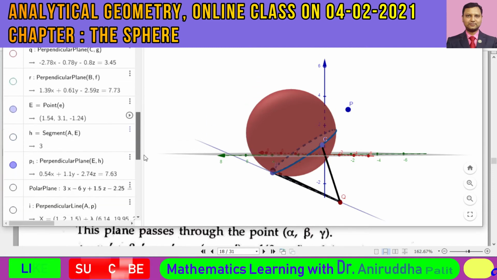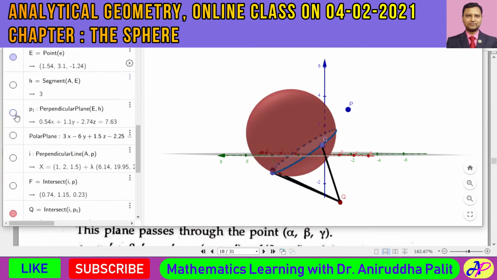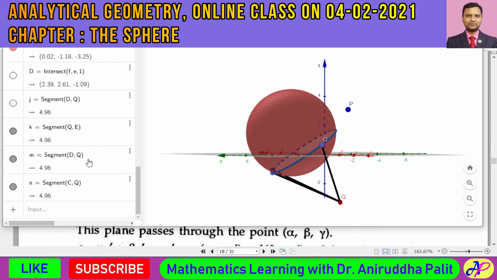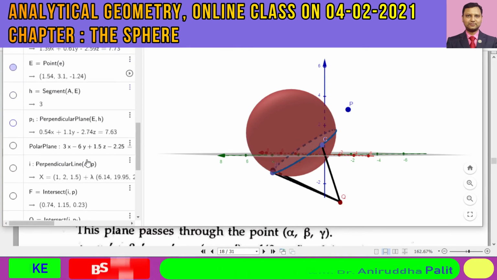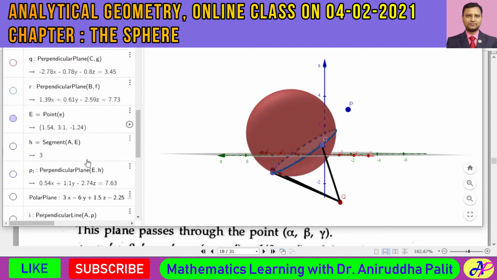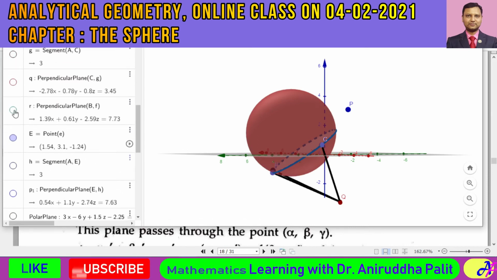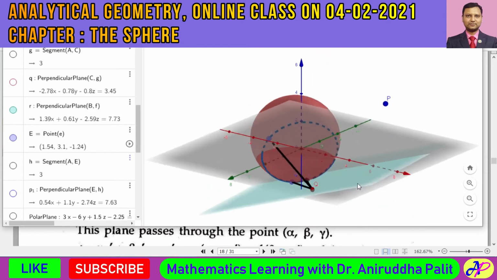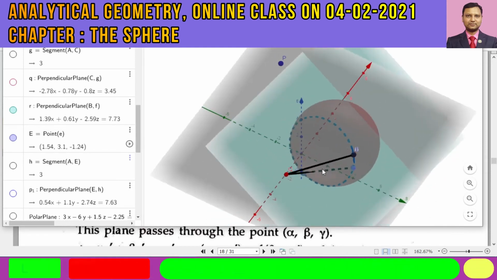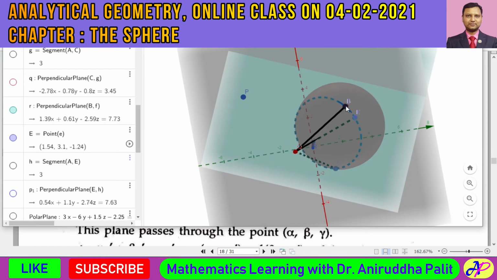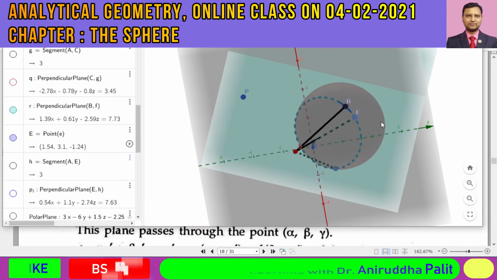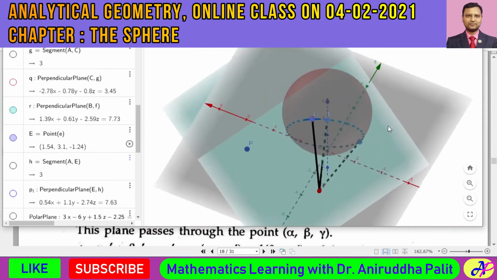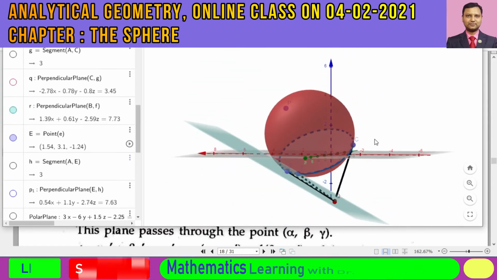Now we suppress this tangent plane and let us consider another tangent plane, say this one through the point B. Over here you see this is the point B and this is Q, BQ. This plane is passing through this tangent line BQ.